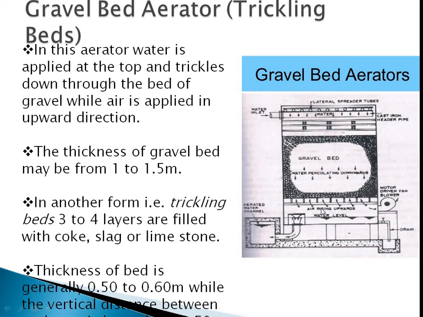That blower will pass air through the voids of the gravel and through the water, and the unwanted gases will get oxidized. The blown air will carry those unwanted gases from the water in the upward direction, and they will be released through the ventilator, and in this fashion our water gets oxidized and aerated.